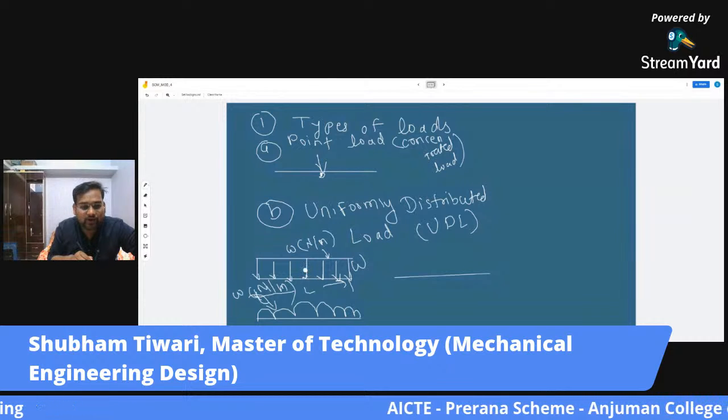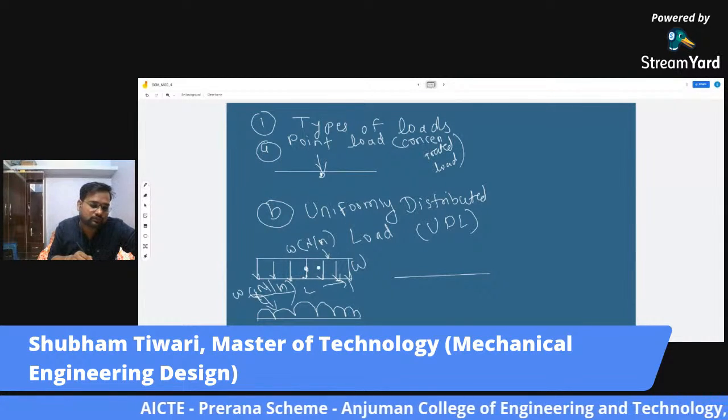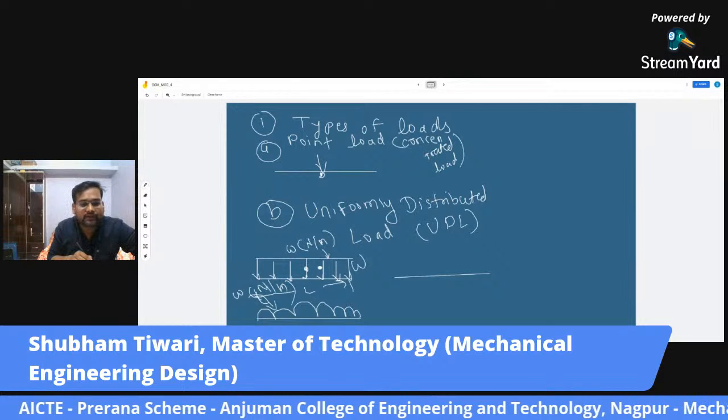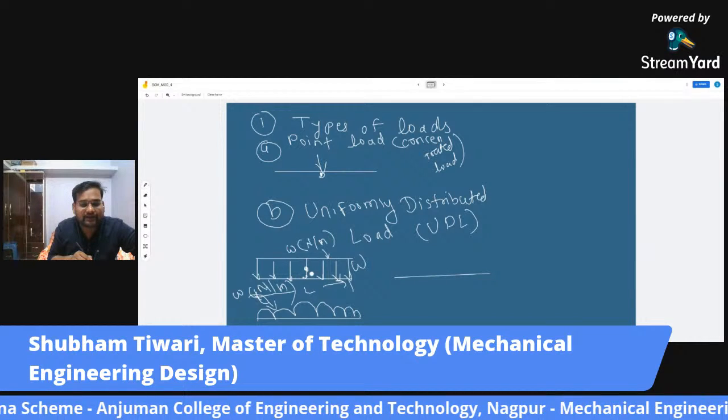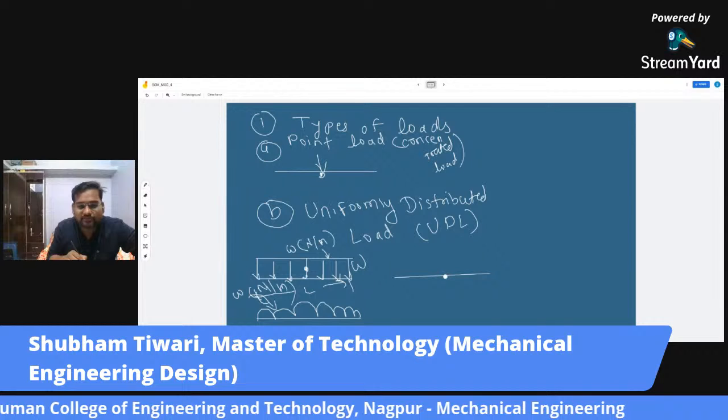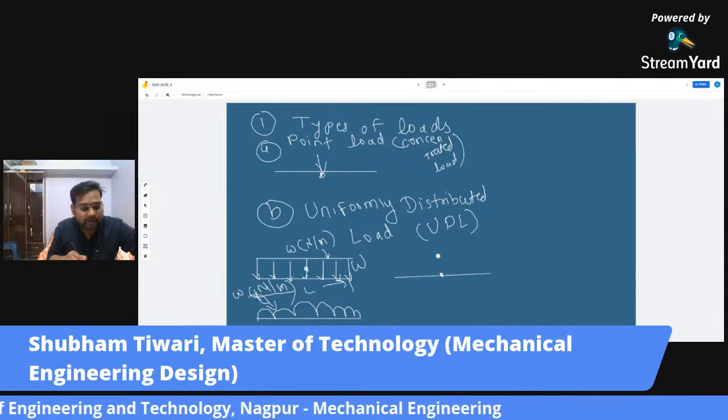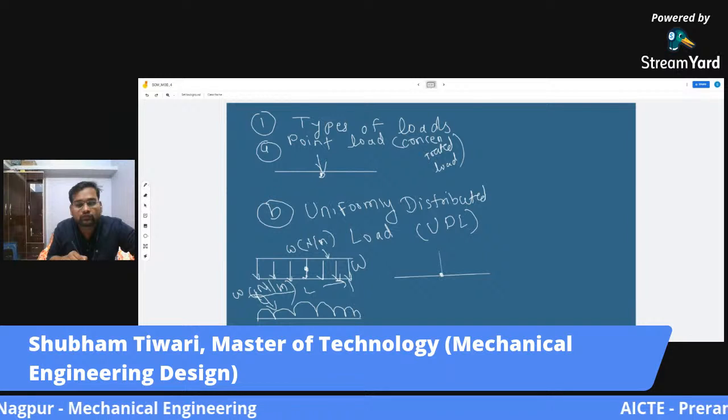the centroid of this diagram. The centroid of this diagram, it is a rectangle, will be at the middle of this beam. And I told you the magnitude will be equal to the area of this diagram.